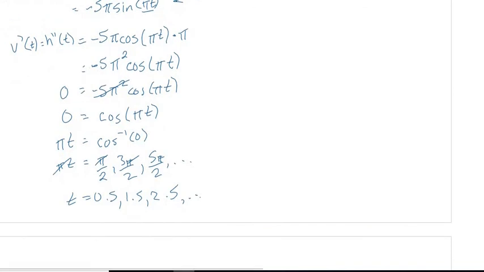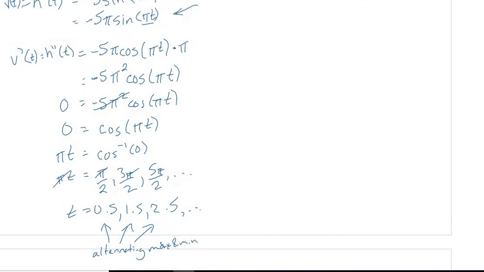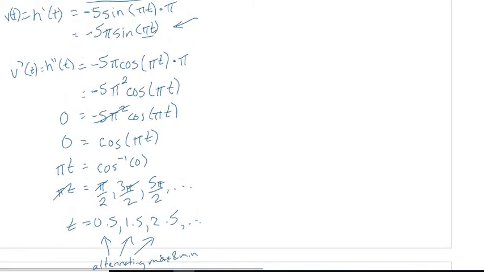But we do know that we're going to alternate between maxes and mins. So we're going to use that same trick again. We're just going to test the first couple, and we're going to find the speed at 0.5, and we'll find the speed at 1.5.